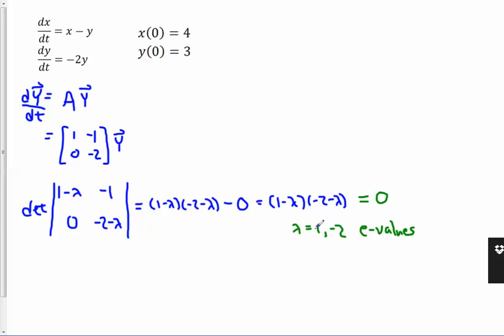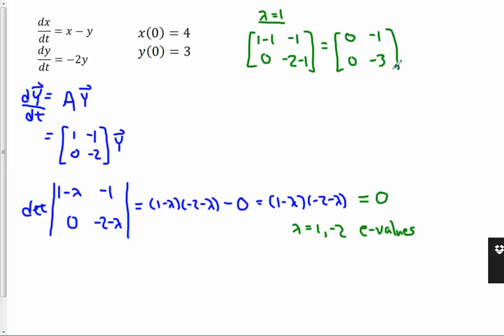So there we go. Now each one of those will have a corresponding eigenvector. The way that works is you go back to your matrix with the minus lambdas on the diagonal, and you put in, let's do lambda equals 1 first. So we get 1 minus 1, -1, 0, -2 minus 1, which simplifies to 0, -1, 0, -3.